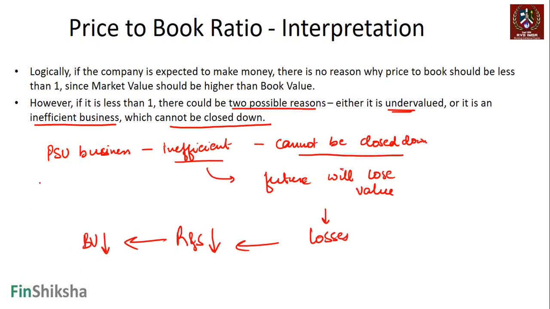And what the market is doing today is that the market value by book value is less than 1 because at some point of time the book value will keep going down to make this ratio equal, right? And that's what the market price to book ratio of less than 1 could interpret, right?